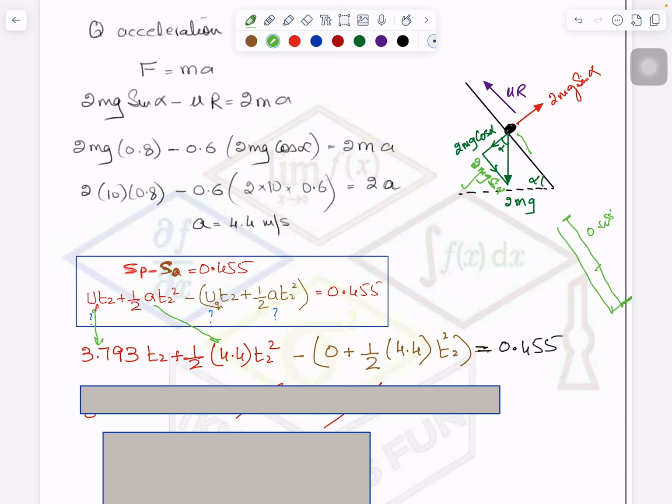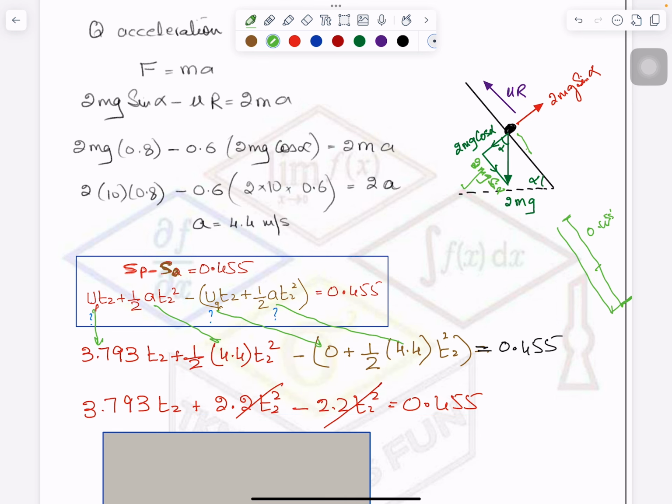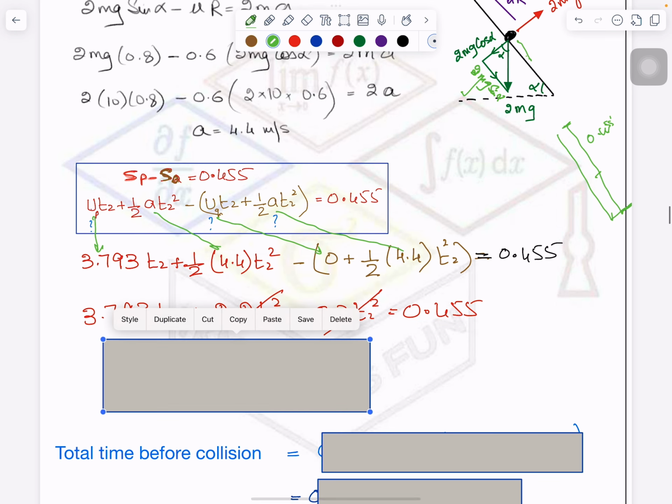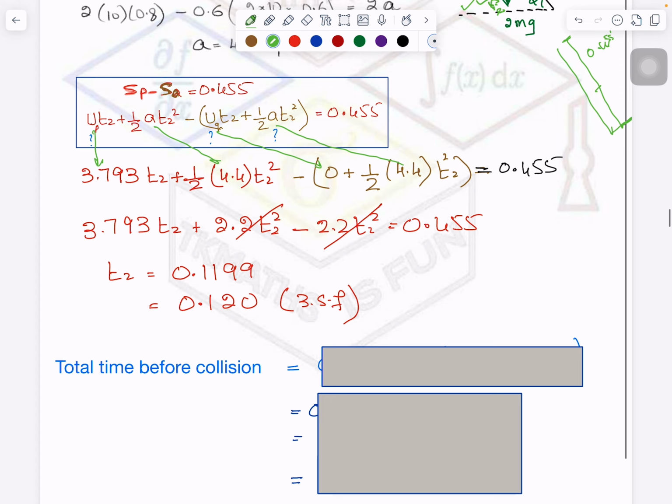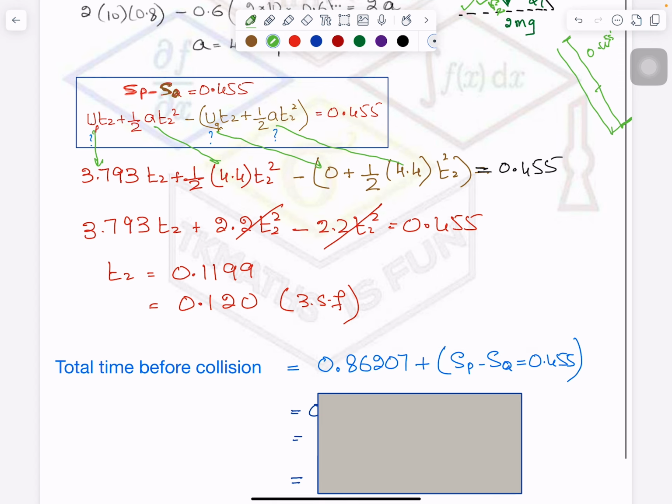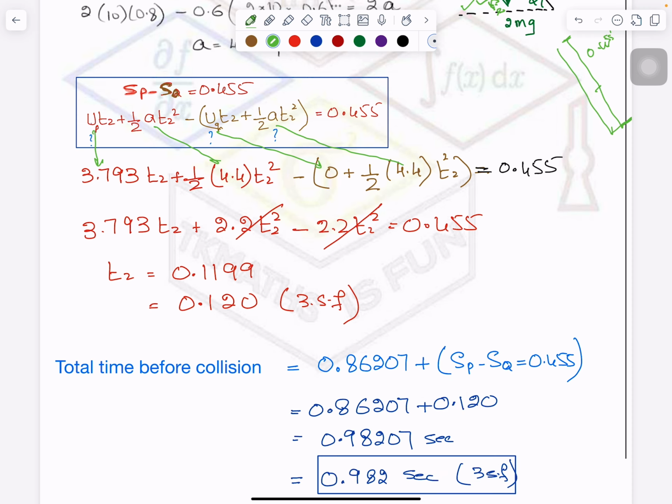A we already had, Q was at 0, and the acceleration at the time is 4.4. So now you got here time 0.120. This is the time of this second half when they were 0.455 meter away, and the other time we have already calculated from where the Q started moving down. So if you add up the two timings, your answer is 0.982.